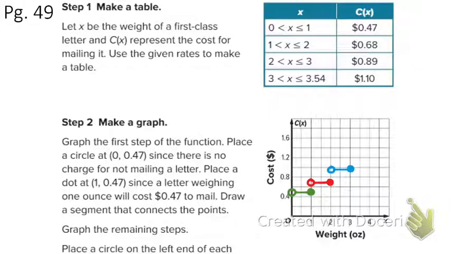All right, now notice that this last step, though, doesn't go all the way to 4. So this last step is going to be a small step because it's not going from 3 to 4. It's going from 3 to 3.54. So this next step is going to be really short, and we're going to put it at $1.10. So $1.10 will be right under that $1.20.